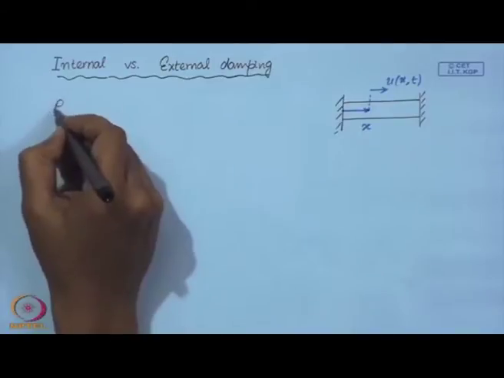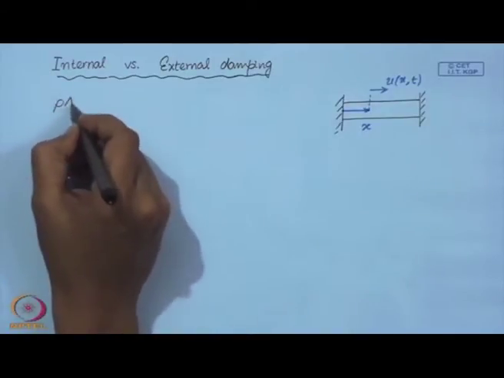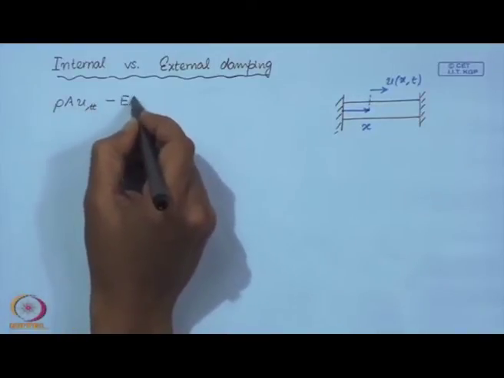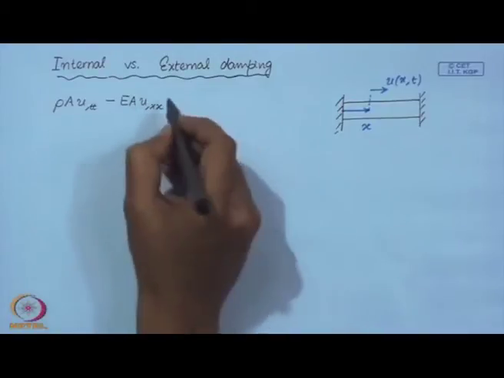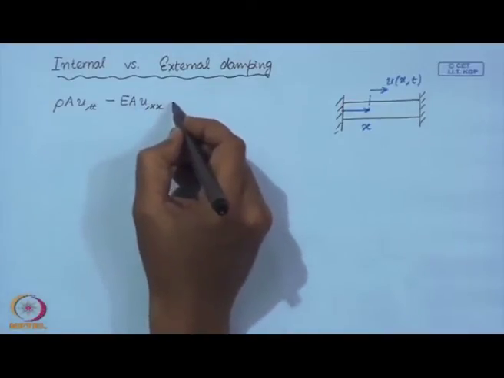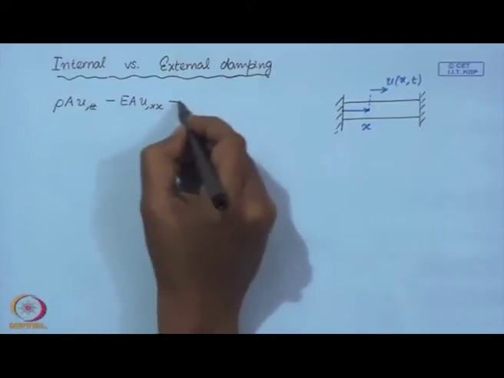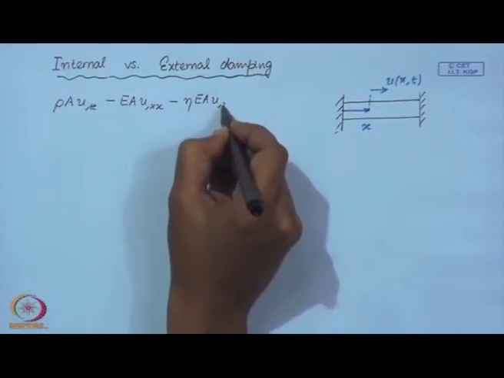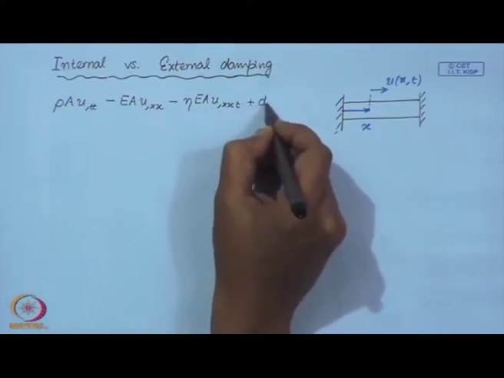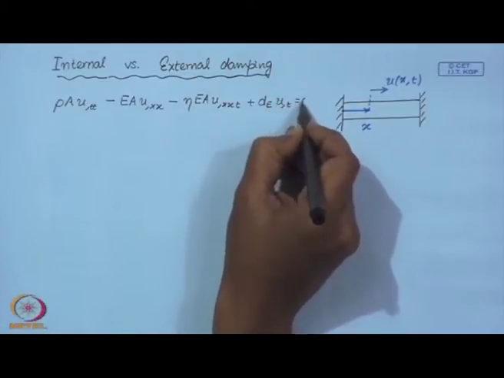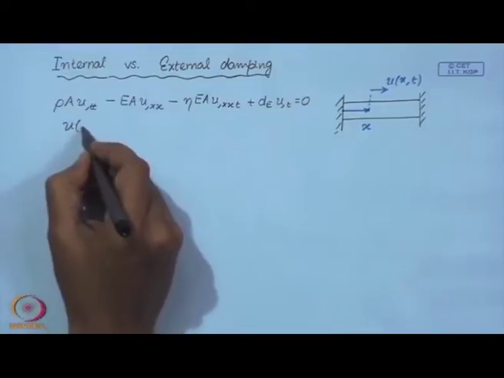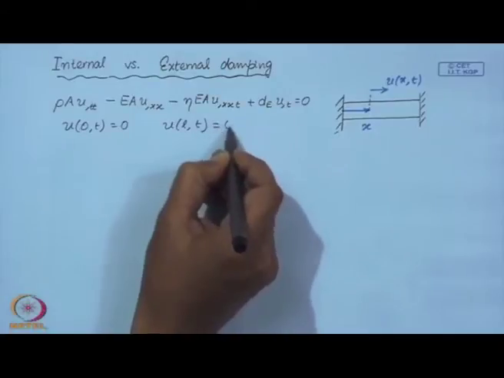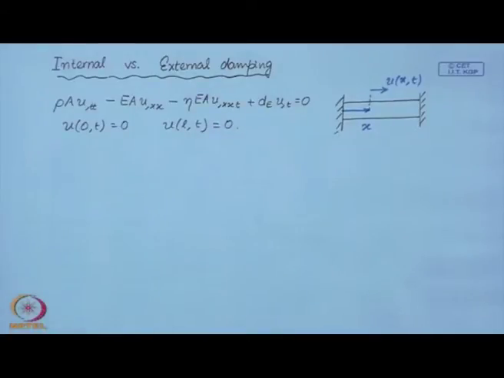So, the equation of motion is this. The boundary conditions are given by this.